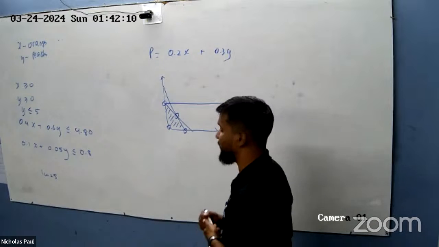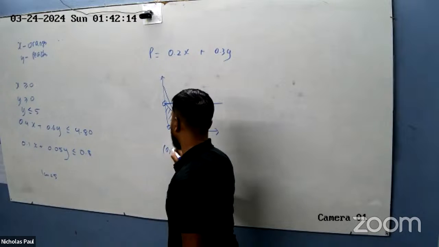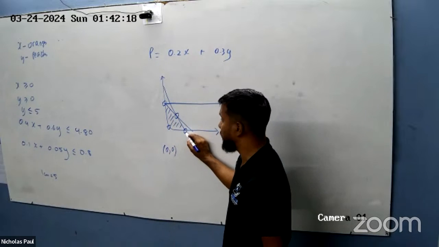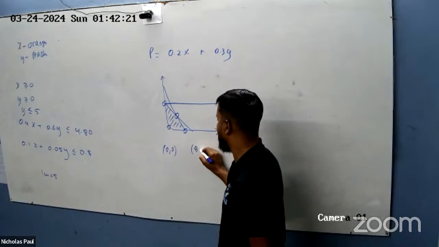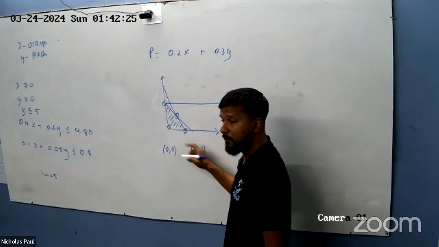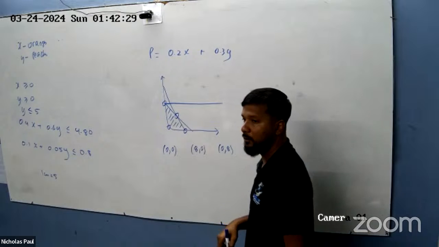Of course, we have 0, 0 as 1. This one here is what? 8, 0. 8, 0. What's this one here? And this one here.